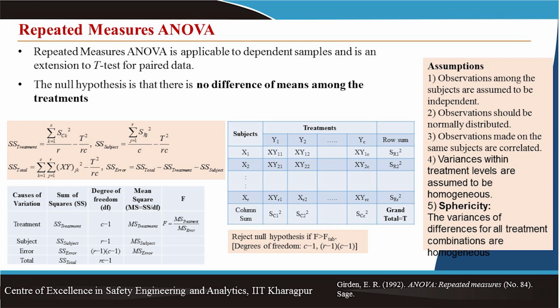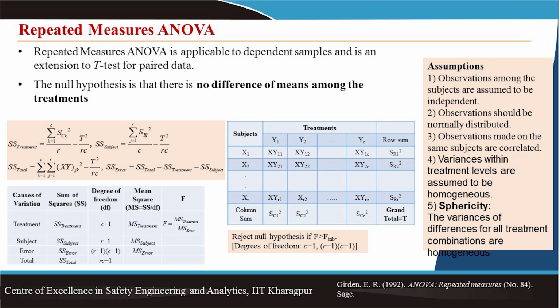Whatever the case, please understand that if R individual workers go through different types of treatment, then as the individuals differ, there will be an effect of the subjects or individuals also, whether a group of similar individuals or individuals as such.